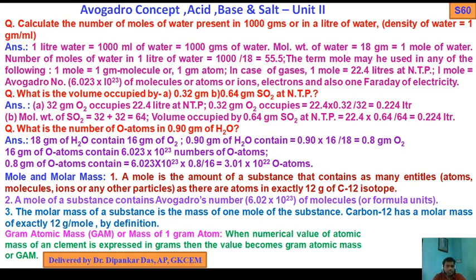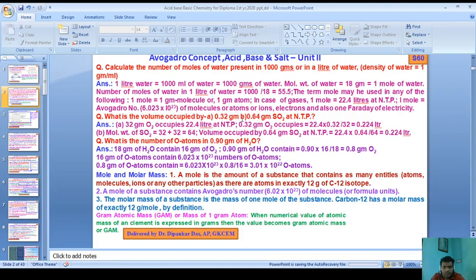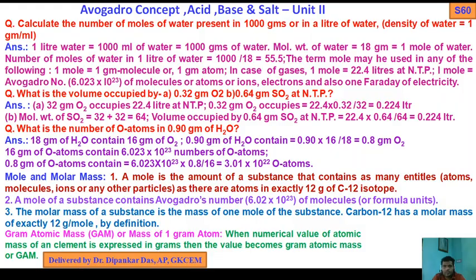Similarly, the molecular weight of sulfur dioxide: sulfur 32, oxygen 16 into 2, 32, so 32 plus 32, that is 64.